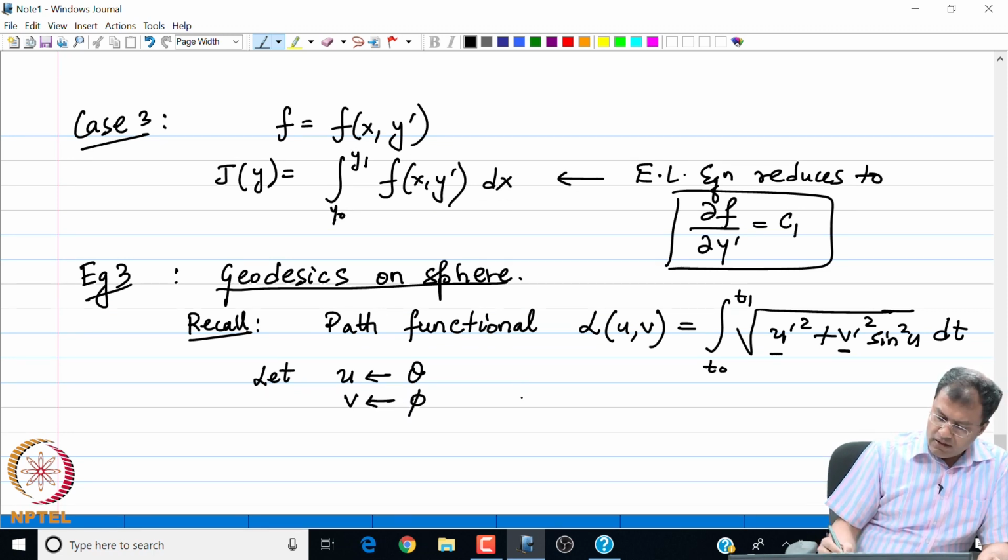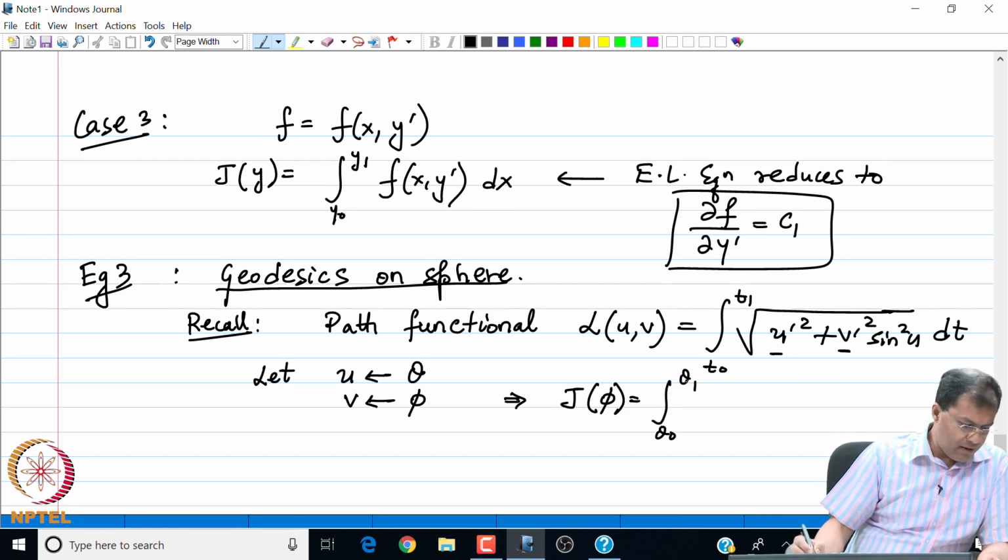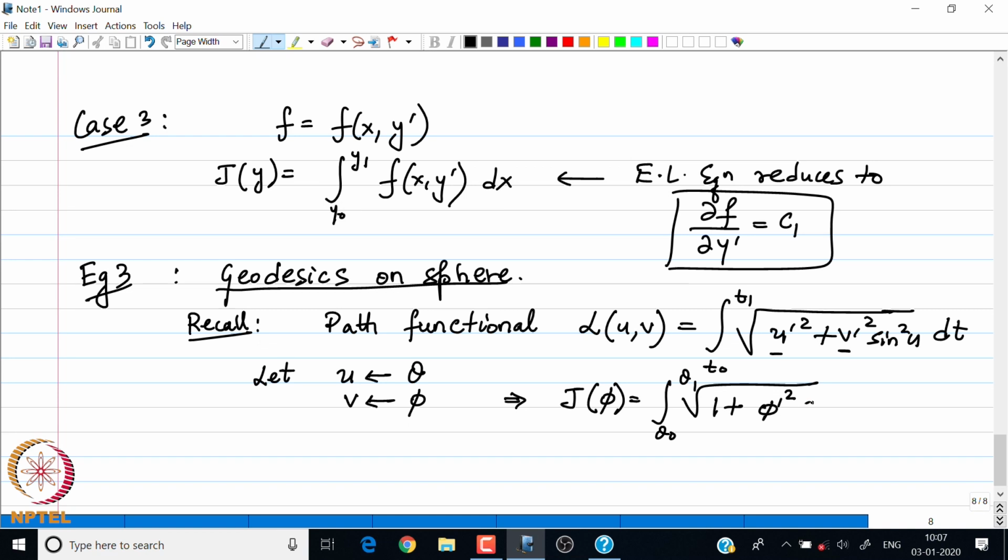So, in that case my integral becomes J of phi is the integral from theta 0 to theta 1 of the square root of 1 plus phi prime square sine square theta d theta, where this phi prime is nothing but d phi by d theta.